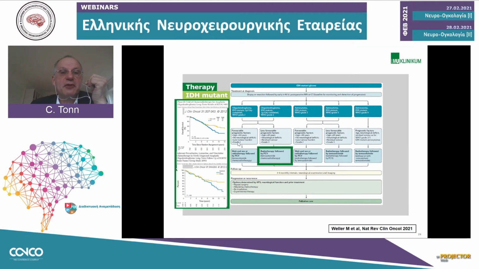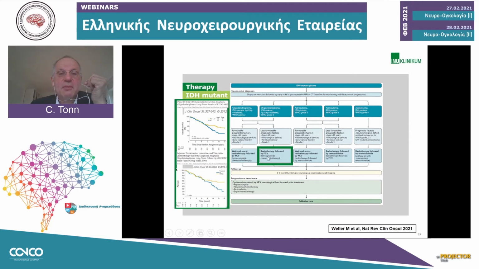So even if you have a grade 2 with age over 40, neurological deficits or residual tumor, you will go for this. If you have a grade 3 without any tumor burden and being a young person, you may consider wait and see only.